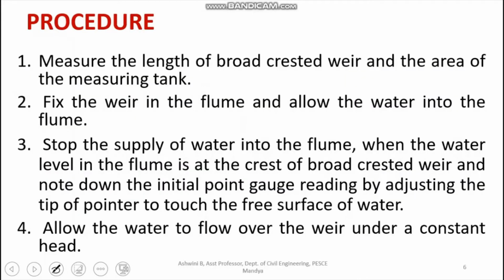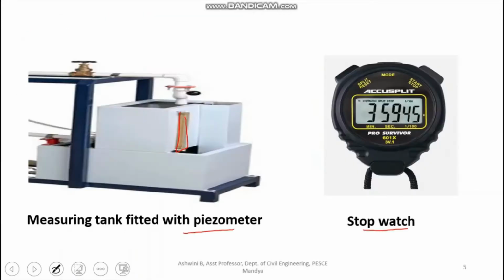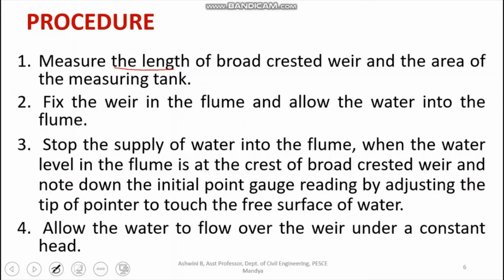The procedure for the conduct of the experiment is, first we have to measure the length of the broad-crested weir, and then by knowing the width and length of the tank we have to calculate the area of the measuring tank. Then fix the weir in the flume and allow the water into the flume.